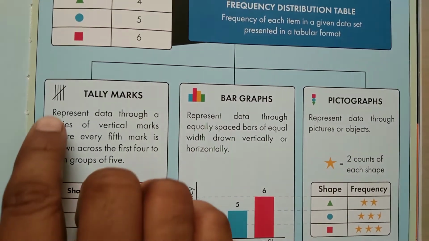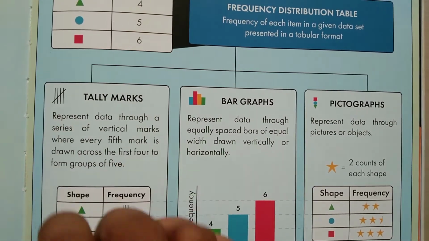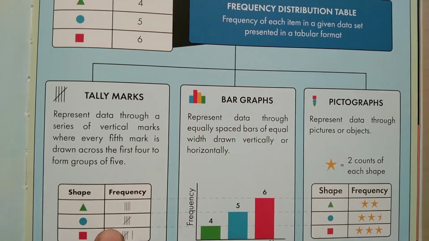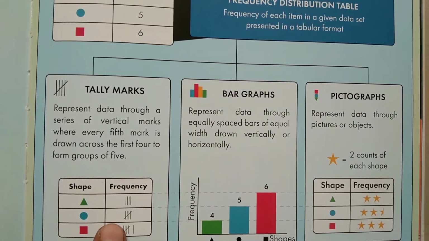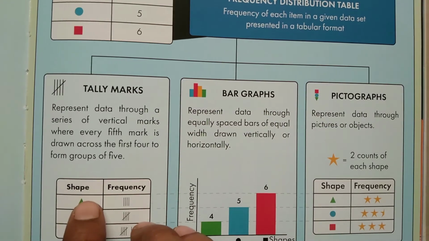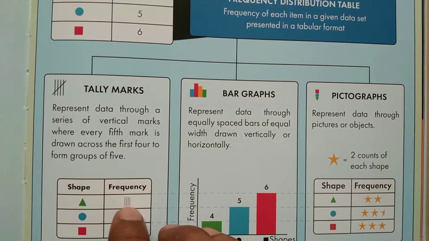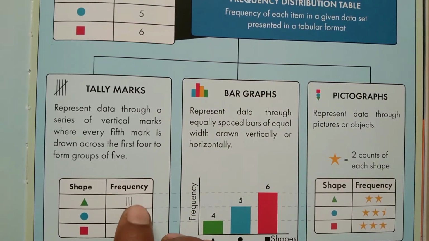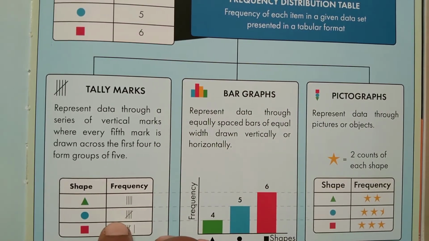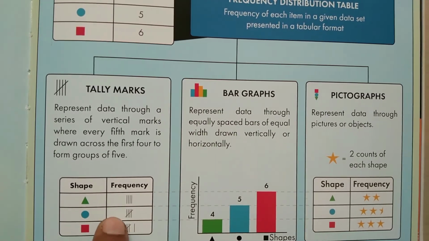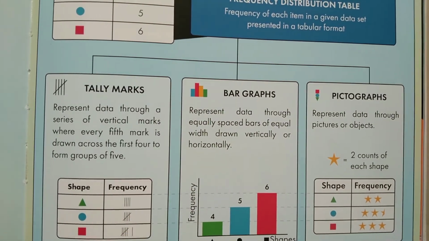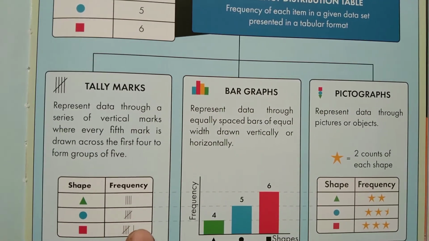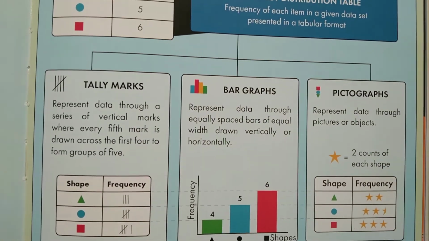We have only 4 triangles, so 4 vertical lines, whereas we have 5 circles, so we draw 4 vertical lines and then cross the 5th mark across the first 4 to form a group of 5. Here we have 6: 1, 2, 3, 4, and then a cross makes a group of 5, and this is 1, so 6. So what are the uses of tally marks?